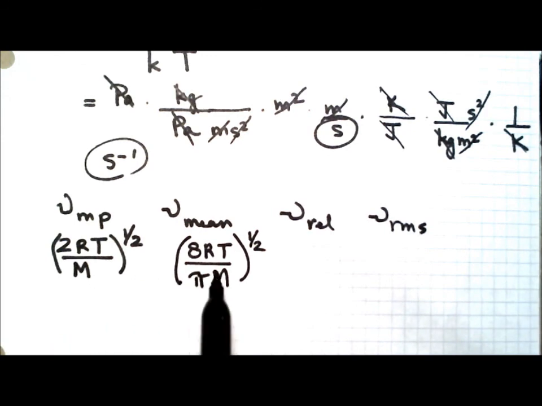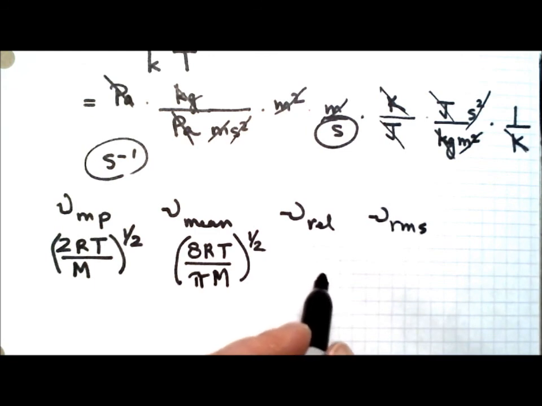Now for both of these formulas, instead of R, you could have the Boltzmann constant k, but in that case, you would be dealing with a small m, and it would be the mass of a single particle instead of the molar mass.